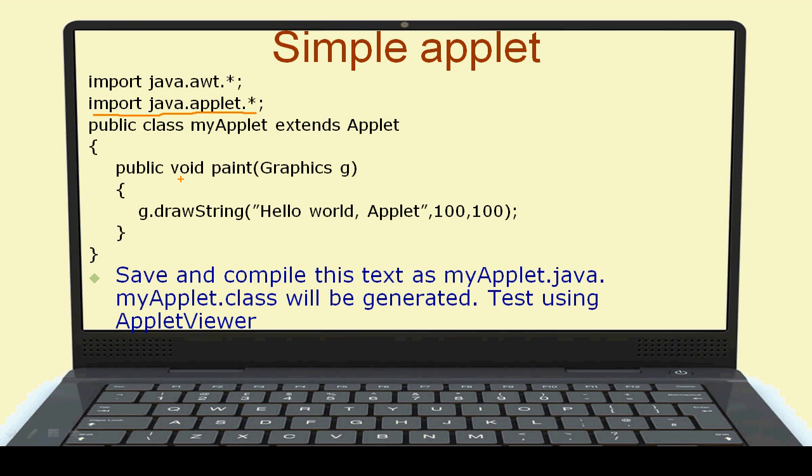In this program, the paint method of this applet class is going to be overridden. And for this the awt.* package must also be included, because we are going to use a Graphics class object. Inside this paint method, I am going to use a drawString method which will display this Hello World Applet string at the coordinates 100, 100.